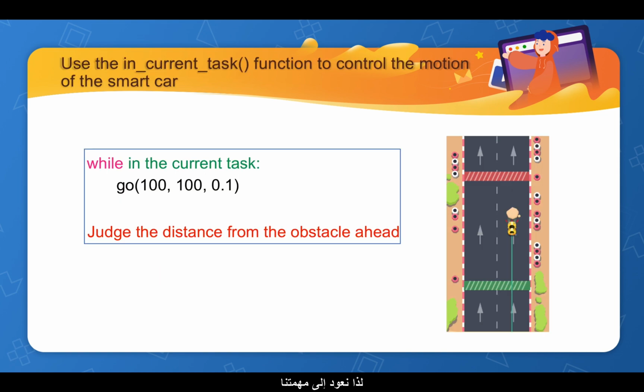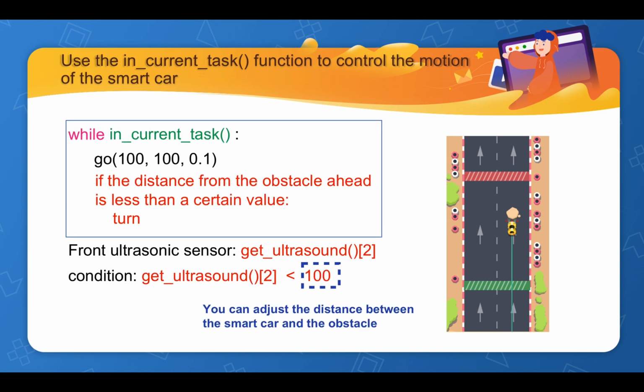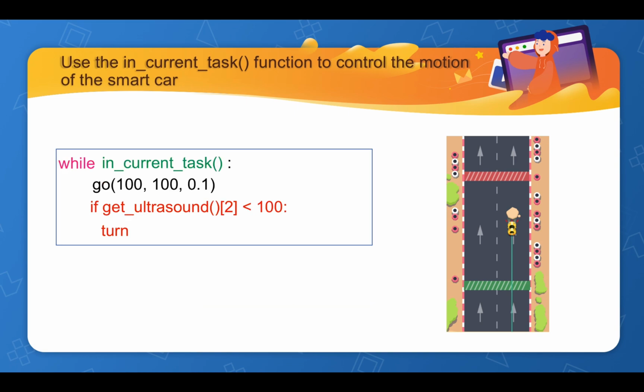So back to our task. What we need is to add turning if the distance is less than a certain value. And the get ultrasound function can perfectly describe it: the distance is less than 100.